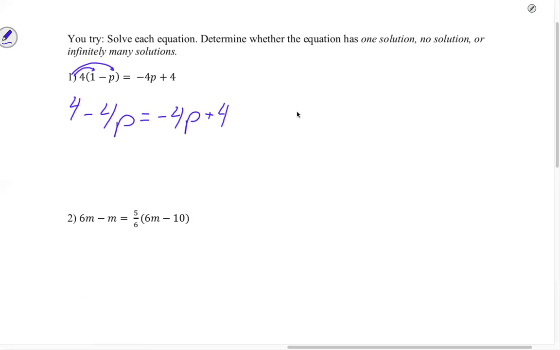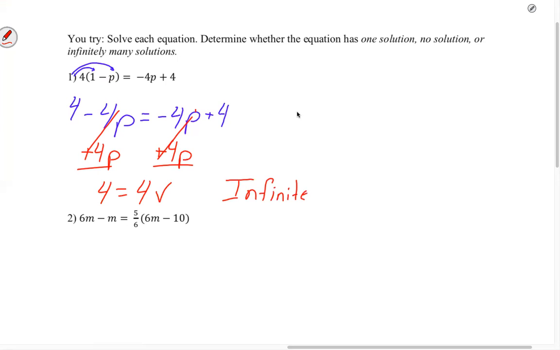Now these look very similar, but I'm not sure. So what is my first step here? Well, I want to get all the p's to one side. So I'm going to add 4p. And I'm making sure I line up everything. So they cancel. I have 4 equals negative 4 plus 4. Well, they cancel. Look at that. The first one: infinite solutions.